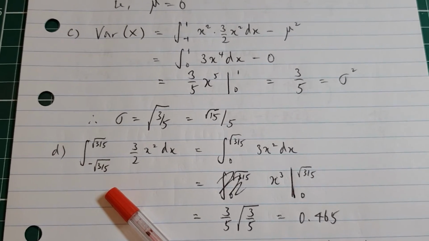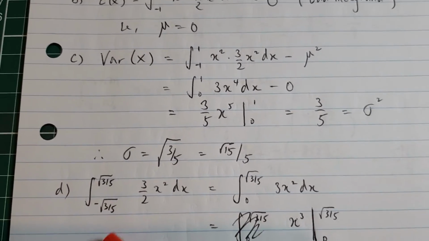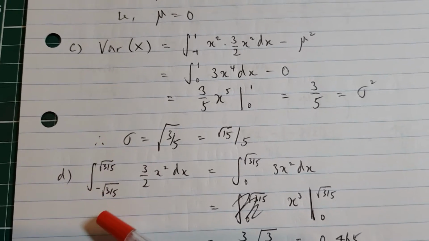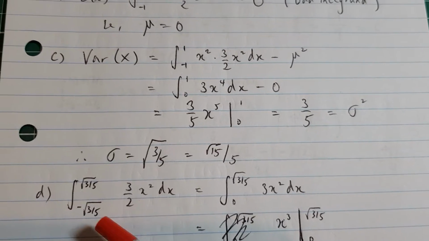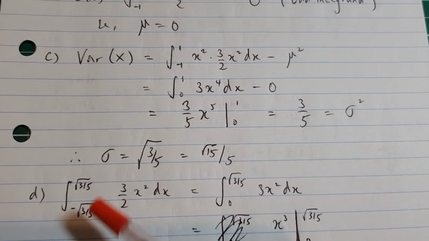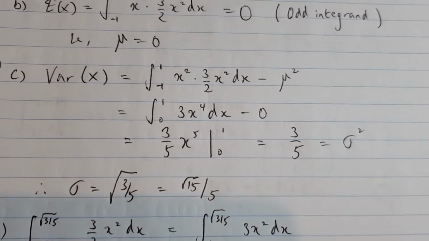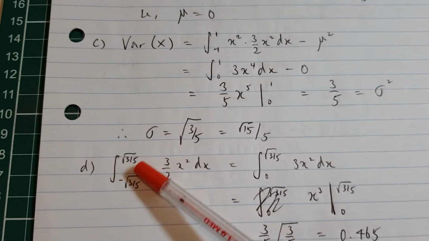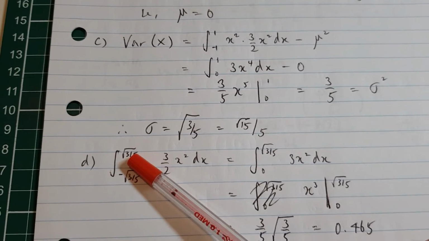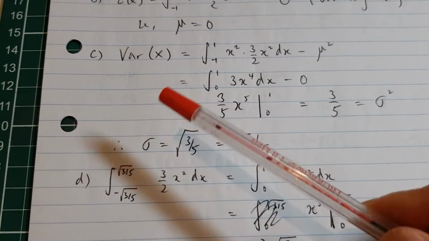Now part D asked us to integrate from mu minus sigma to mu plus sigma, so basically one standard deviation away from the expected value, one down and one up.